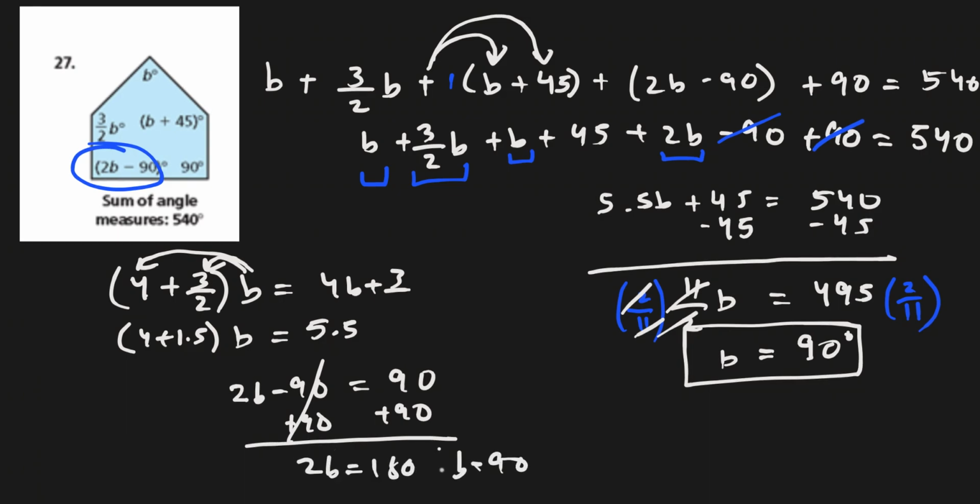This is another way you could have done it. You can't do it like this because we don't know that this is equal to 90 just yet, but it looks like a 90-degree angle. So it's kind of a guess that I made, but this is another way you could have thought about it originally.